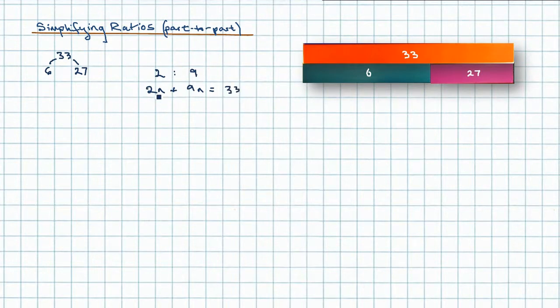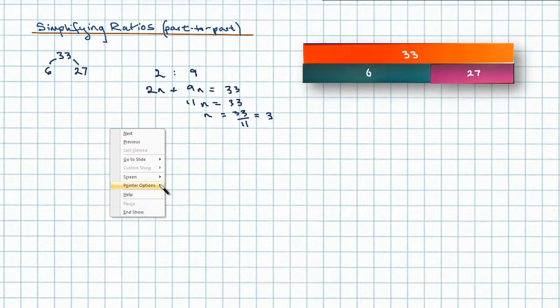And so we simply add this together to get 11n, and then 11n equals 33, and so n equals 33 divided by 11, which equals 3. So n is 3, and that is how we would scale up to get our 6 to 27.